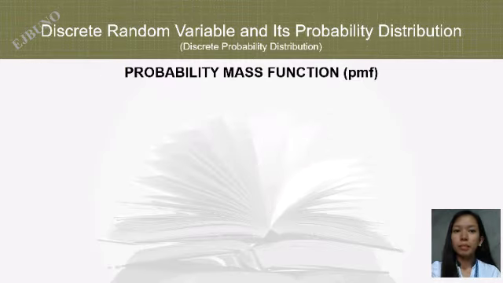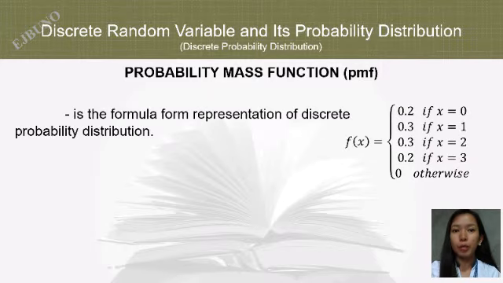Next is the third representation form of discrete probability distribution, the functional form, but usually called as a probability mass function or PMF. Probability mass function is formula form representation of discrete probability distribution.